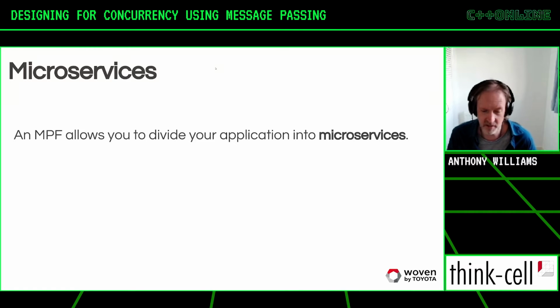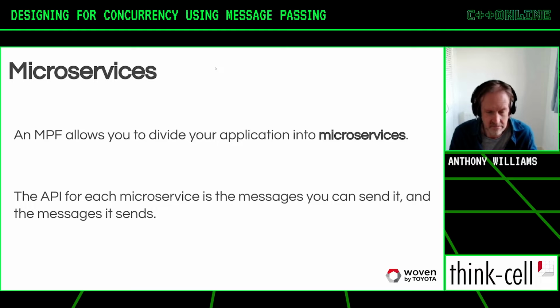It's a tiny little piece of code that's running that has a set of things that it does, each of which is done in response to receiving a message, and it sends some messages to other components to get them to do their bits. It's a microservice. And the API that's exposed for your microservice is the set of messages that you can send to it, and then the messages that it sends on to the other parts of the system.